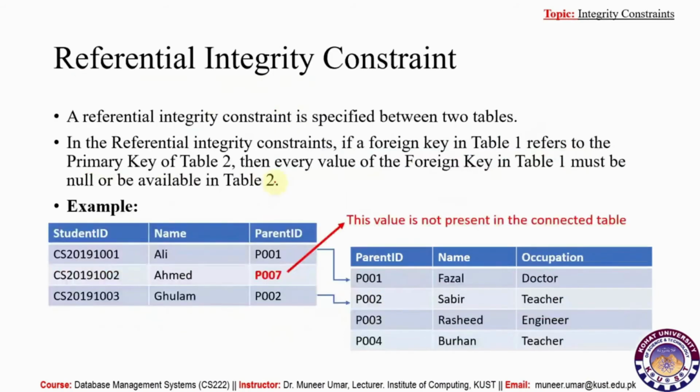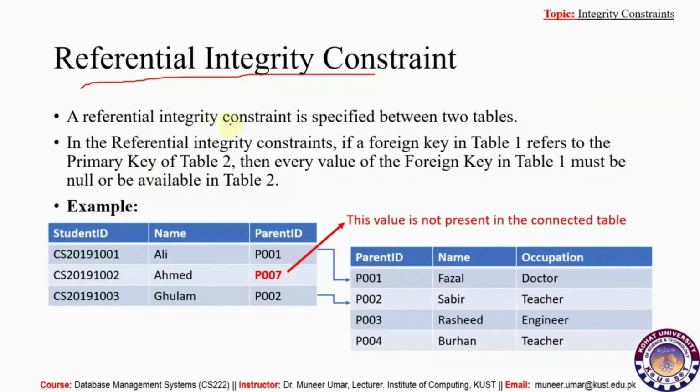Next is referential integrity constraint. This constraint is about the connectivity of two tables. Actually, we reference some values of one table in another table, so the values must be referenced properly.